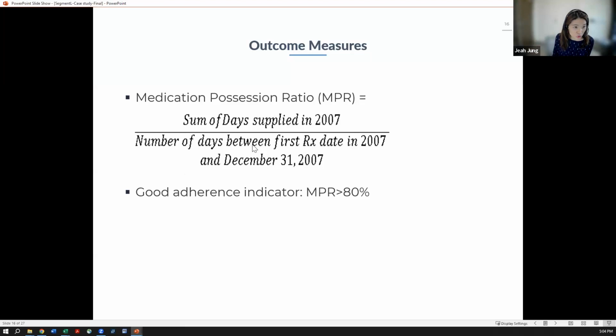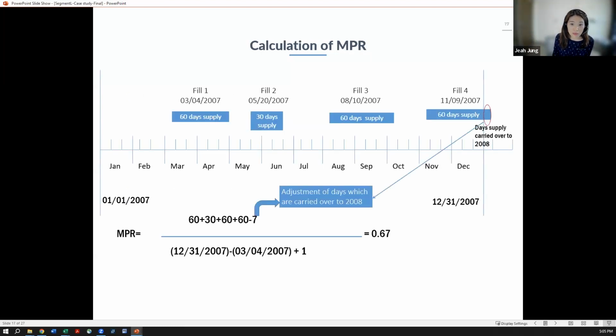So this is a continuous variable. We constructed MPR, but because of the issues we saw, like some people have MPR greater than 1, we truncated them even in the continuous variable. We also constructed a good adherence indicator defined as MPR greater than 80%.